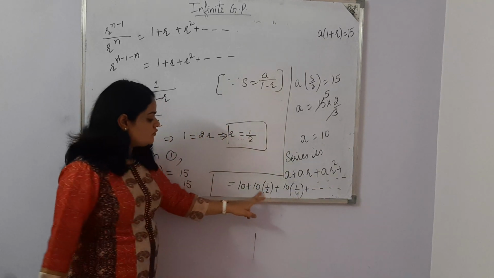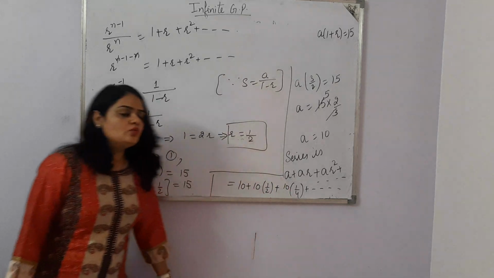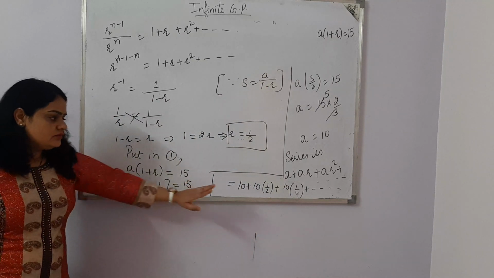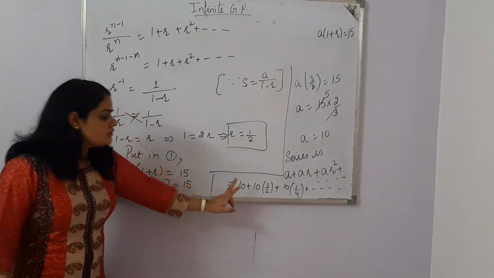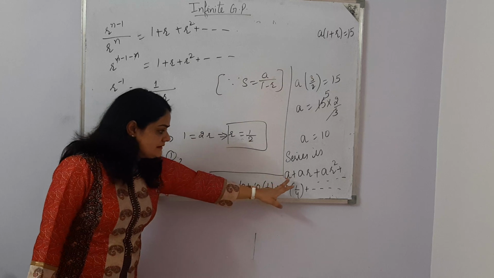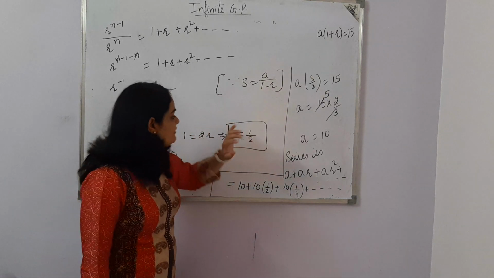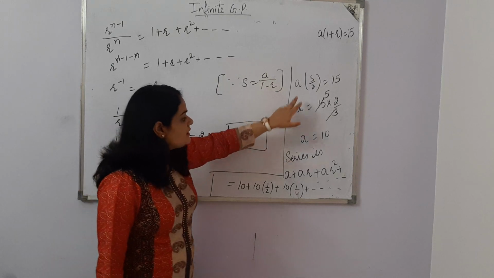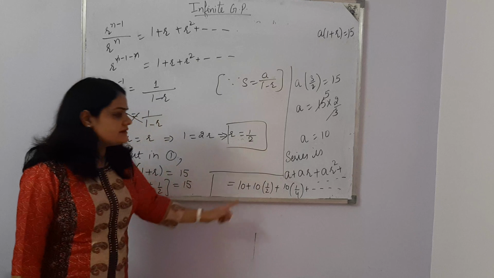That means 10 plus 5 plus 5 by 2, and so on up to infinity. So this is the series that we wanted to find. We need the values of A and R for the series, so we found R equals 1 by 2 and A equals 10. After substitution, we get the series.